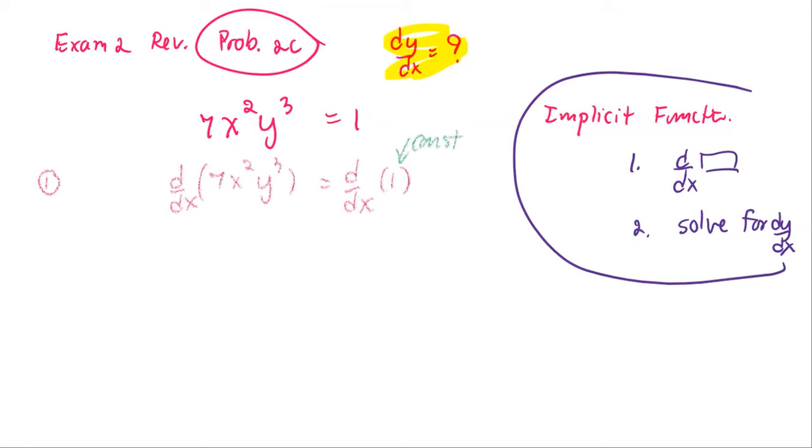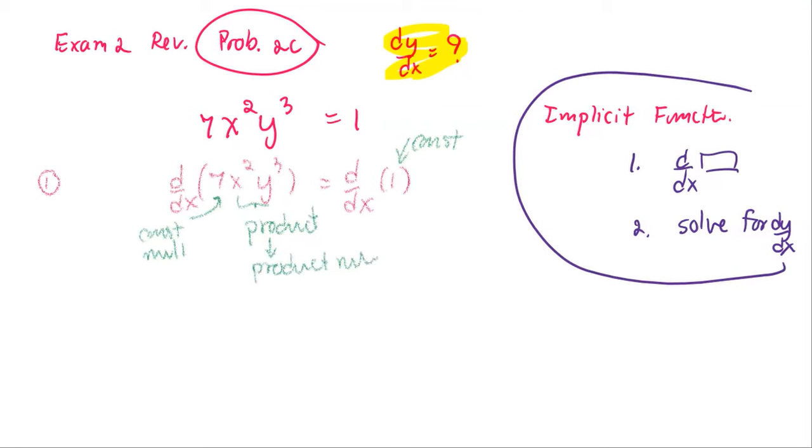But the more complicated one would be the expression on the left-hand side. We have the constant multiple. We have the product of x squared and y to the third. When you see the product, that tells us we're gonna apply the product rule.